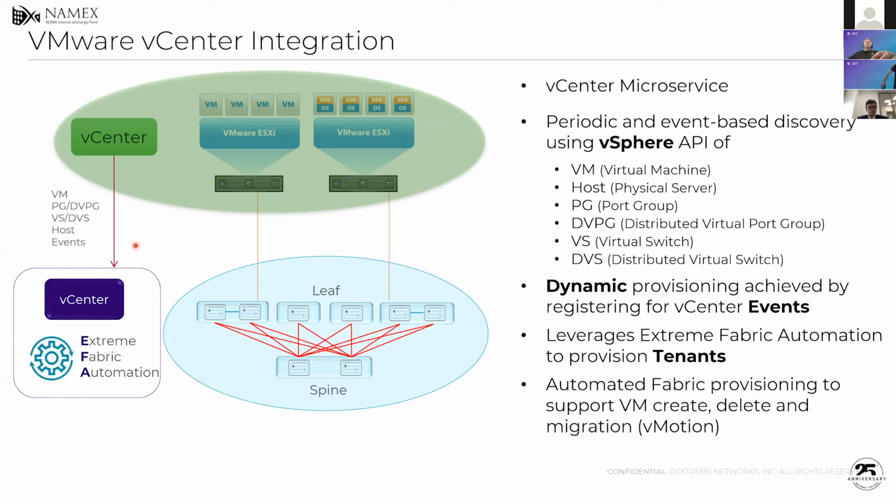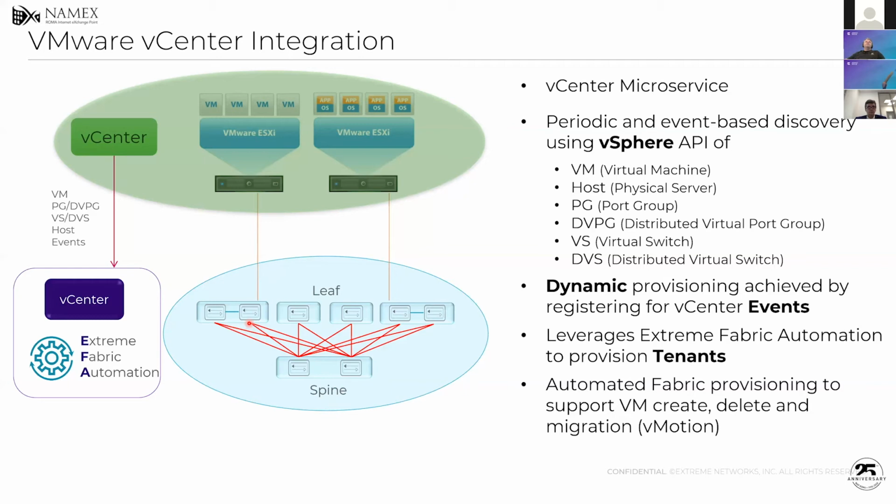We also build the topology between the hypervisors and the bare metal servers connected to the network through appropriate mechanisms. And this means that when a VM move is being initiated by vCenter, the event is being distributed on the message bus, we take this event and we make sure that we create the appropriate network level configuration on the new leaf device that the VM is actually moving to.